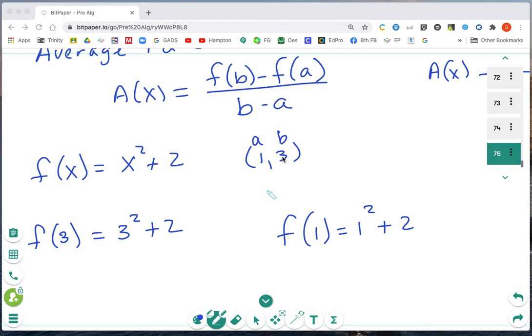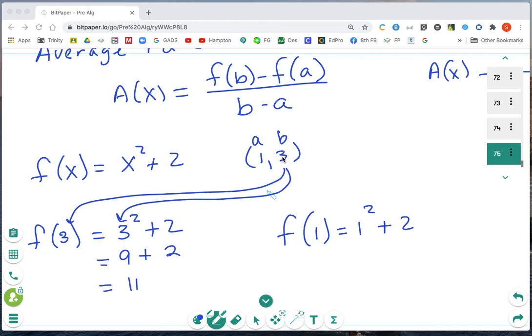We're going to take the 3 and put it in where the x is in the function. So we're going to get 9 plus 2, and we get 11. That's what the function equals when I put 3 in. Now I'm going to find the function with the a value.